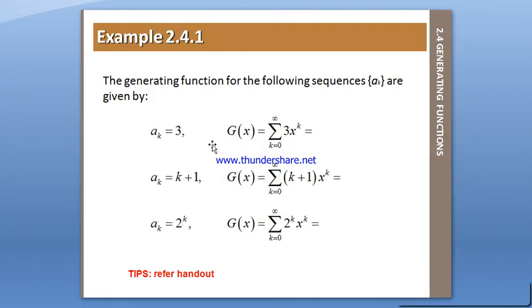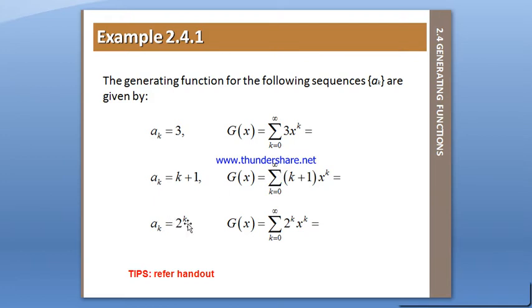Suppose the sequence with nth term ak is equal to 3. Then we have G of x equal to summation 3 into x power k for k equal to 0 to infinity. When we expand the summation, we will know in particular what the form of the generating function is. When ak is equal to k plus 1, the corresponding generating function is G of x equal to summation k plus 1 into x power k for k equal to 0 to infinity.